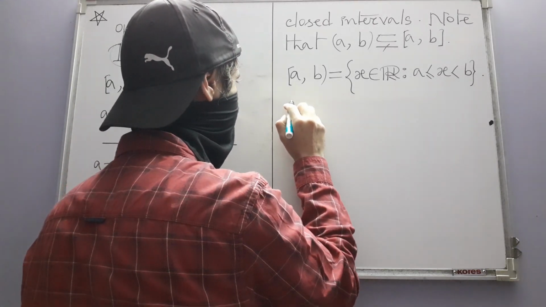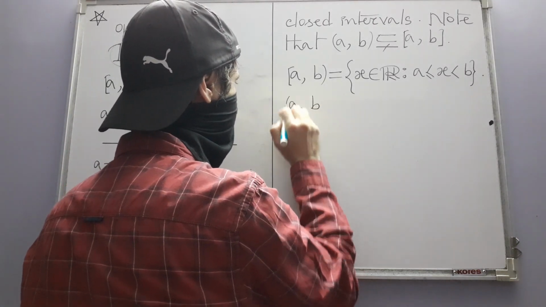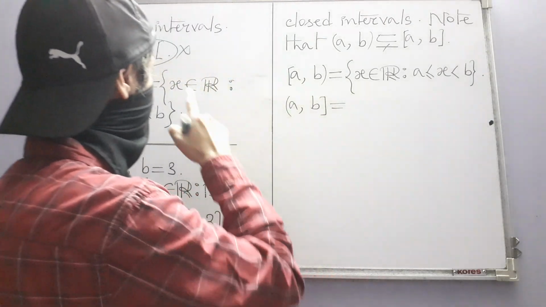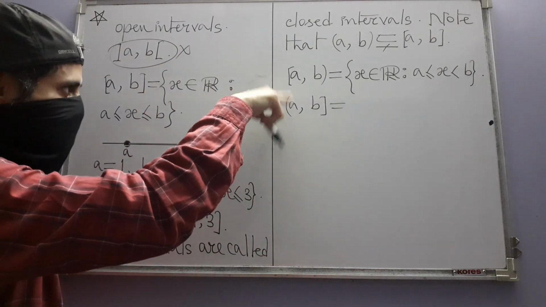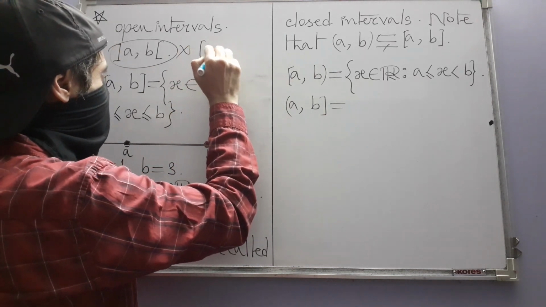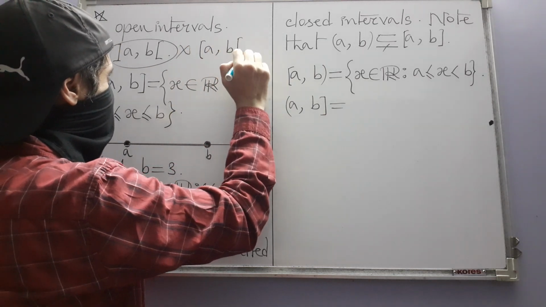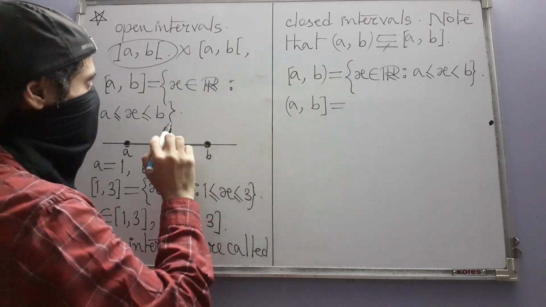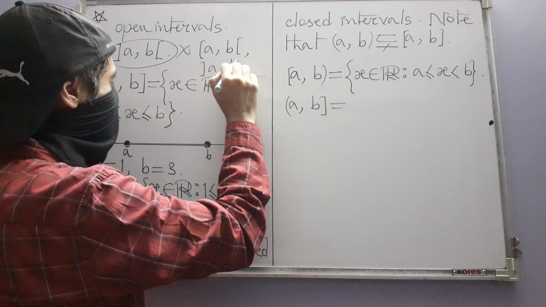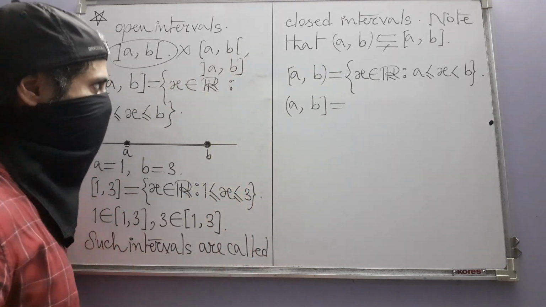And there is another one which does not have A but has B. In the old notation, these intervals will be denoted in this very strange manner like this. For example, this one and this one will be denoted like this.